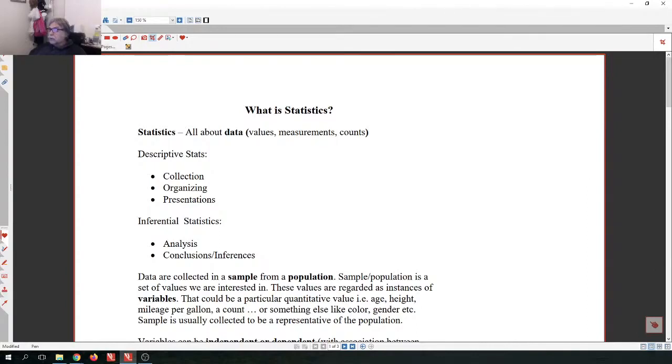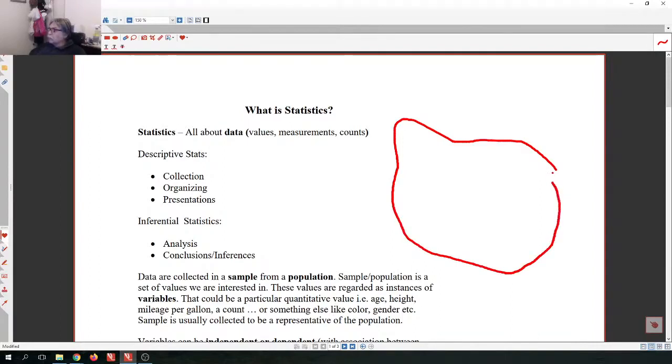So the population is not necessarily anything living and breathing, but rather a set of numbers, like, for example, the heights of 18-year-old males in the United States. I would have all of the possible numbers. Let's talk about inches.